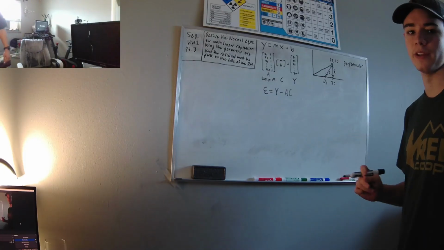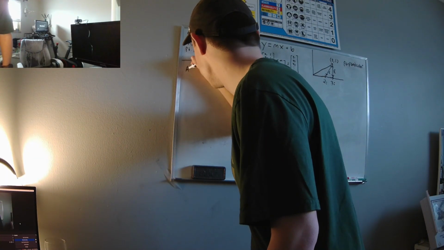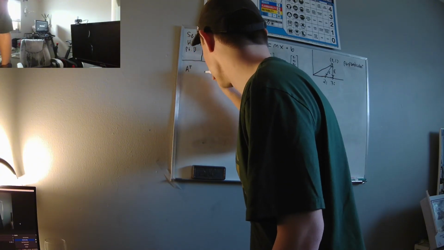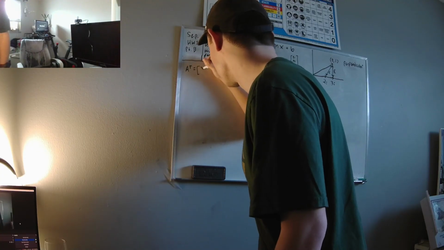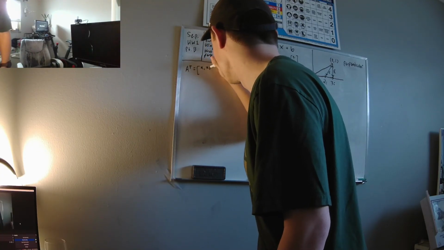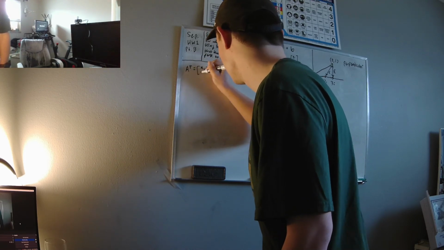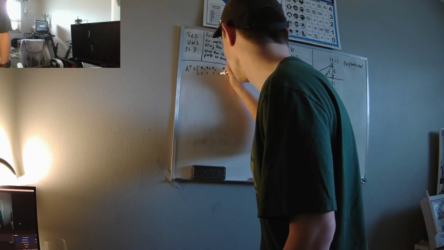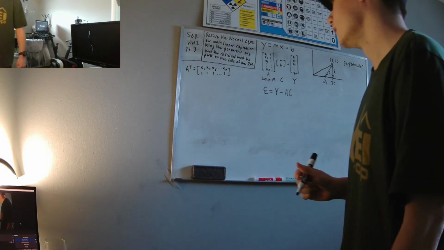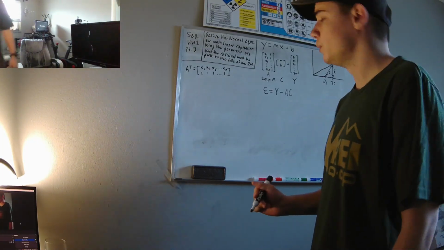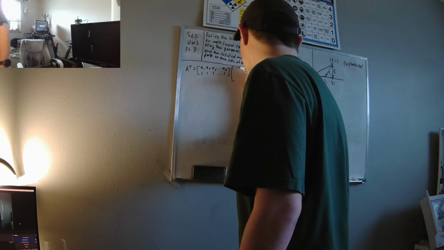Now what can we do with this? Well, let's look at the transpose of A, our A transpose. What is A transpose? It is our A matrix flipped on its side. So x1, x2, x3, so on and so forth to xn, and our column of ones. Now what can we do with this? We can multiply it by our error vector.